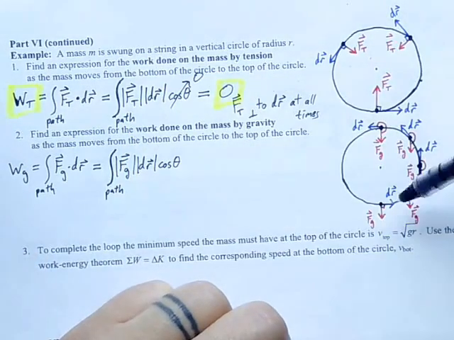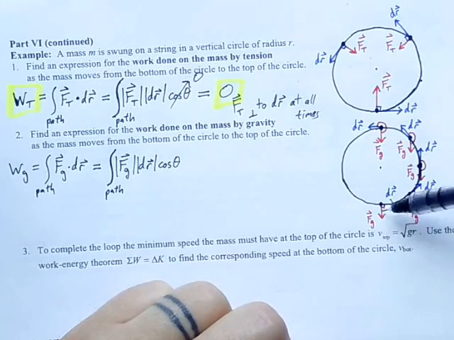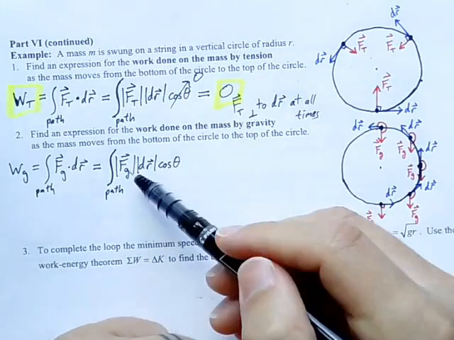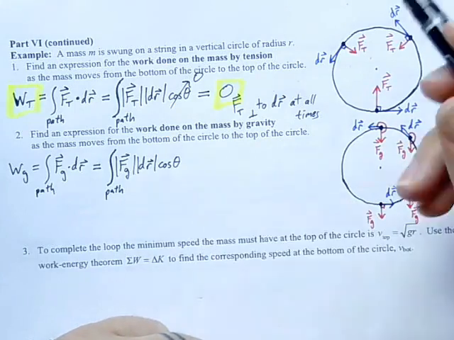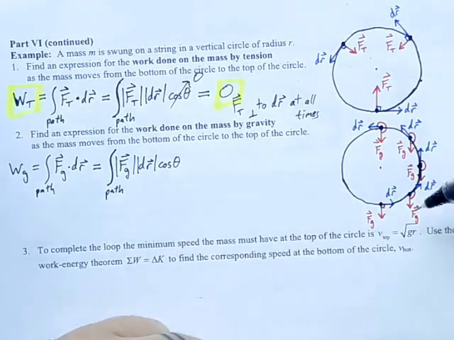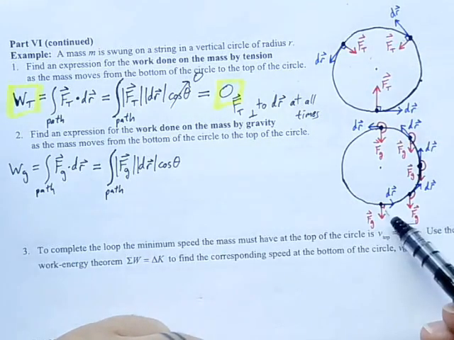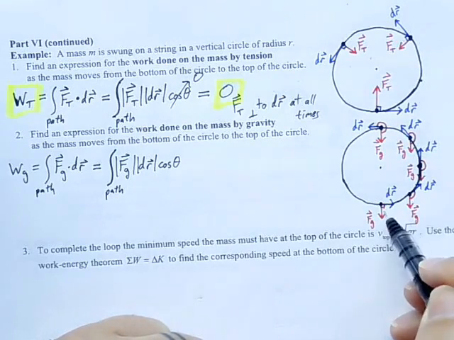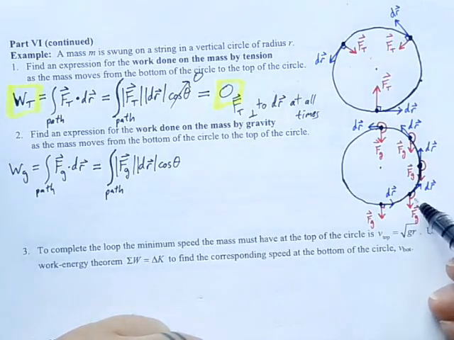So examine over here. F_g we know is constant in magnitude. So the magnitude here is just mg. That's a simple constant. But the thing that's changing this time is the angle, theta, between the two vectors. I've indicated in red here that down here at the bottom, the angle between them is 90 degrees. Then as the mass swings up, the angle becomes greater than 90.